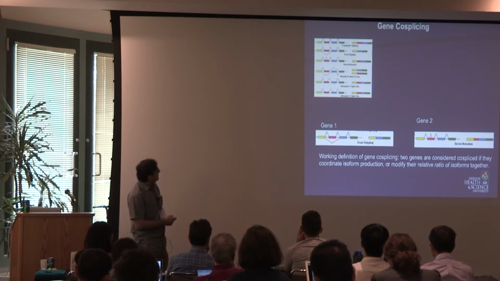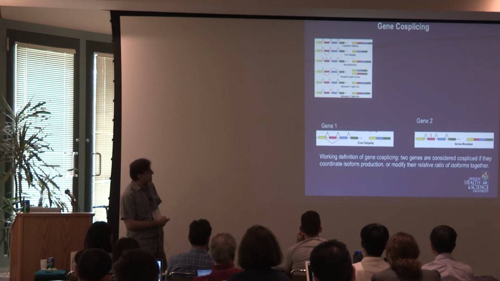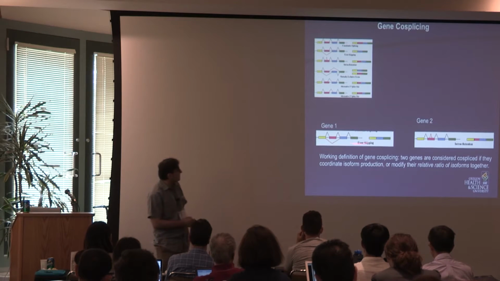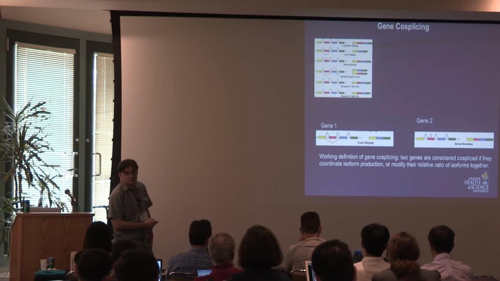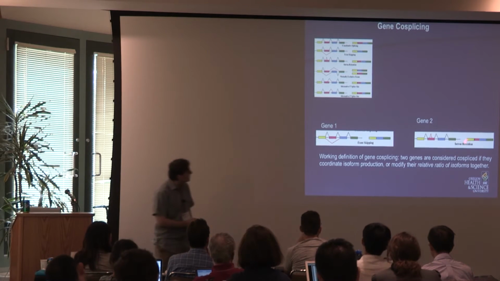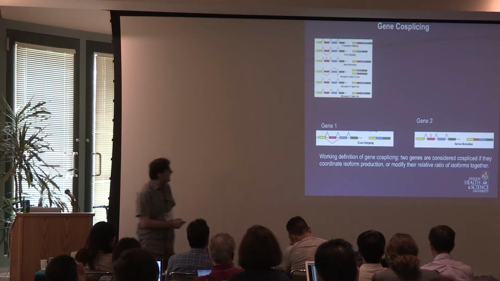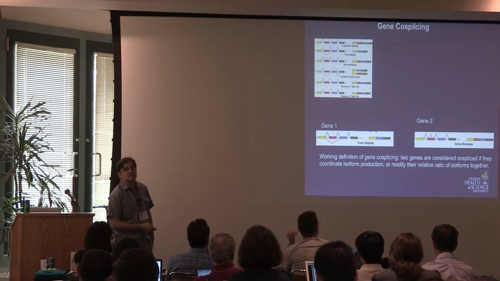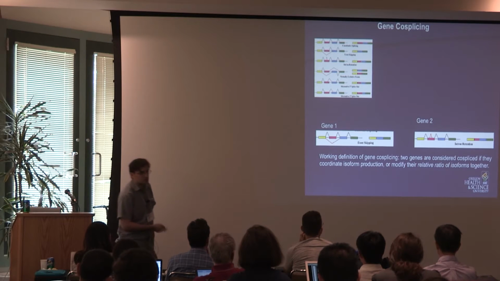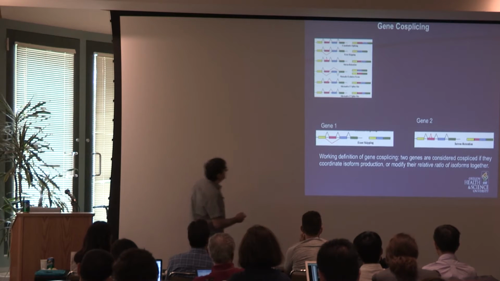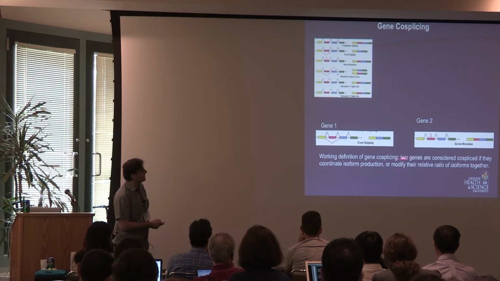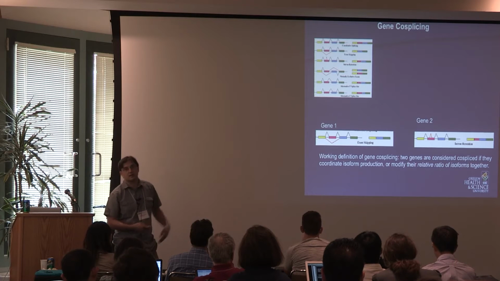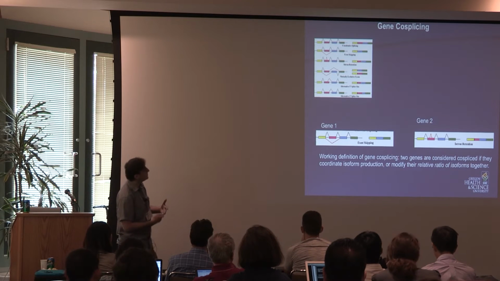So what do I mean by co-splicing? Let's suppose that we have one gene, and every once in a while, it skips an exon. Now you have a second gene, and every once in a while, it keeps the intron in the transcript. My working definition of gene co-splicing is that I want to evaluate whether these two separate genes coordinate their isoform production.